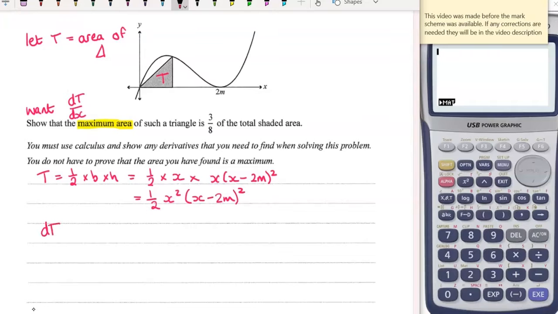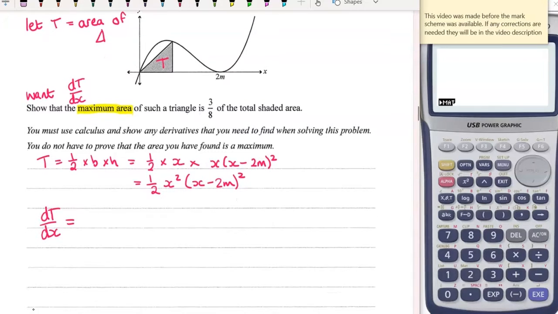So now if we're to do dt by dx, we're differentiating that. We have product rule, so I'm doing this bit differentiated and then times this bit, and then reverse that for the process for doing product rule. So the first bit differentiated, half x squared becomes just x times by the bracket part.